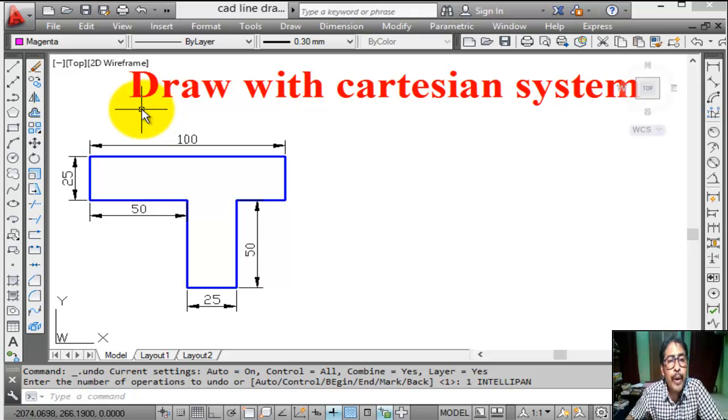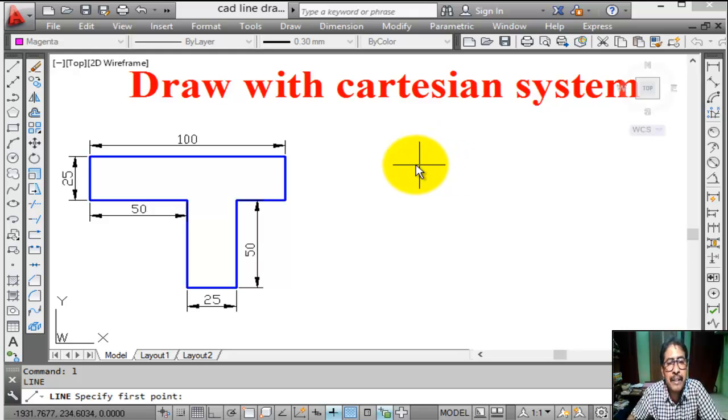First, we draw this drawing with the Cartesian system by using the line command. First, we type L in the command line, L for line, enter.